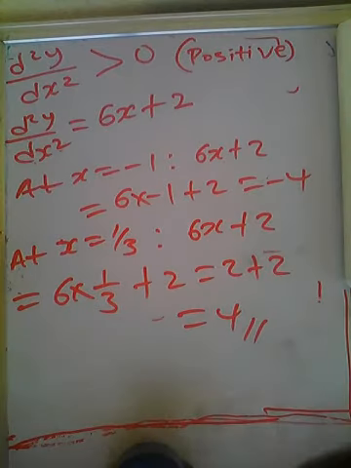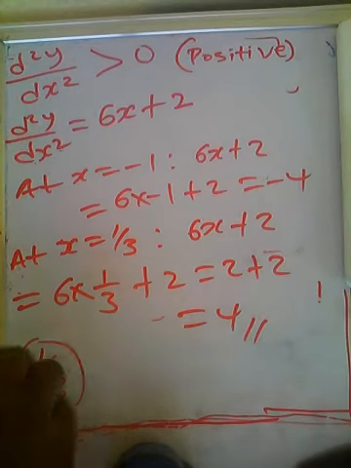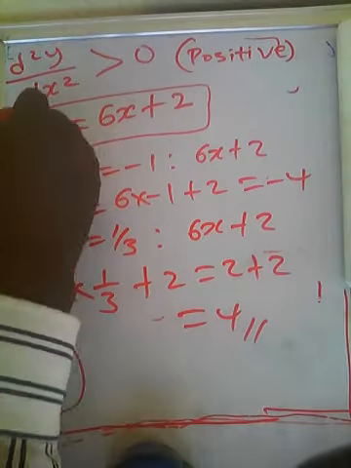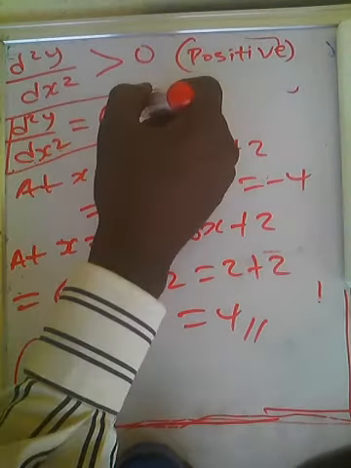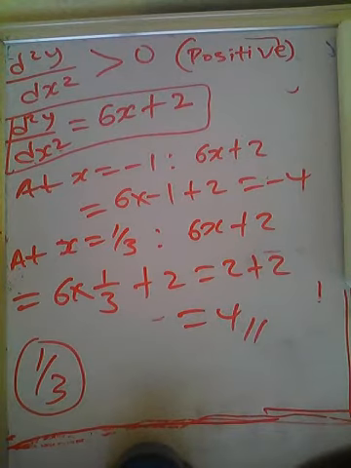So that means the value of x at the minimum point of the curve is 1 over 3. Because it is 1 over 3 that makes d squared y by dx squared, the second derivative, a positive value. If it is negative, that is maximum.